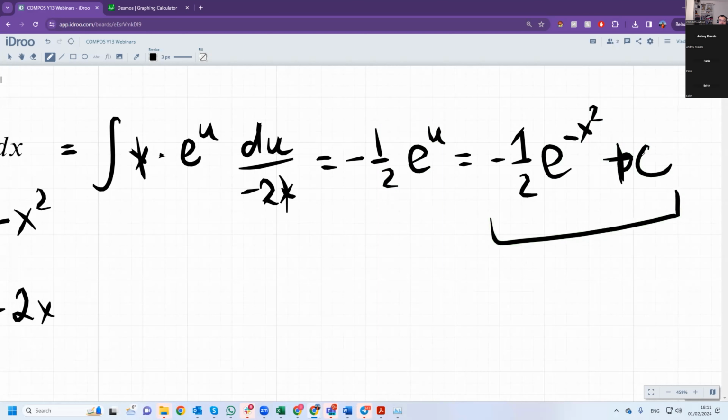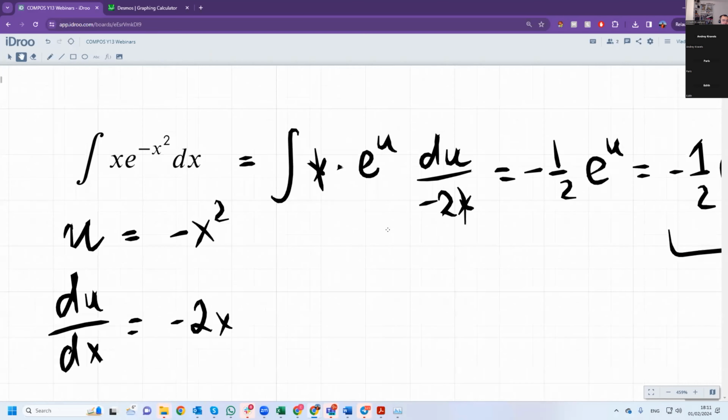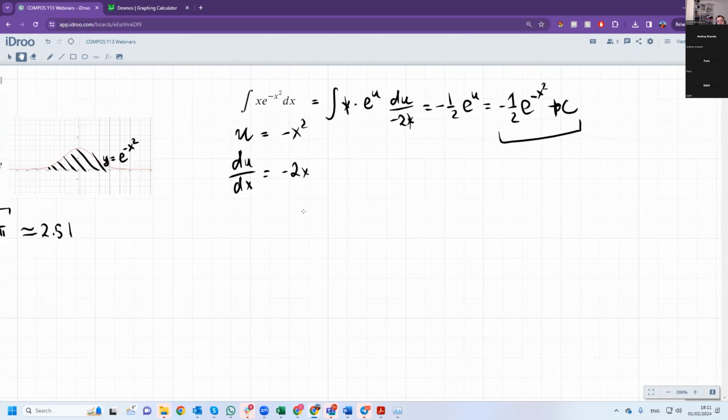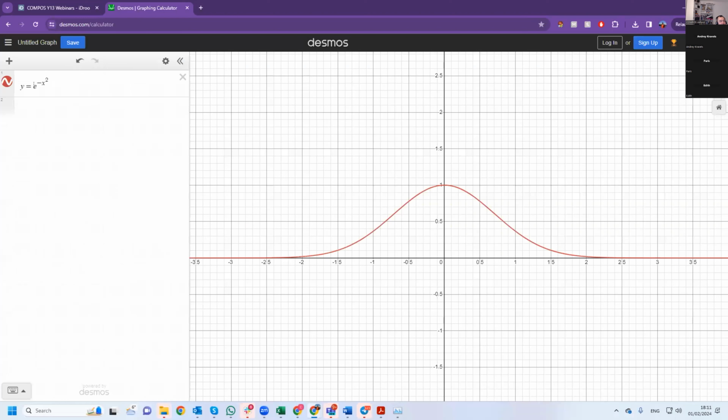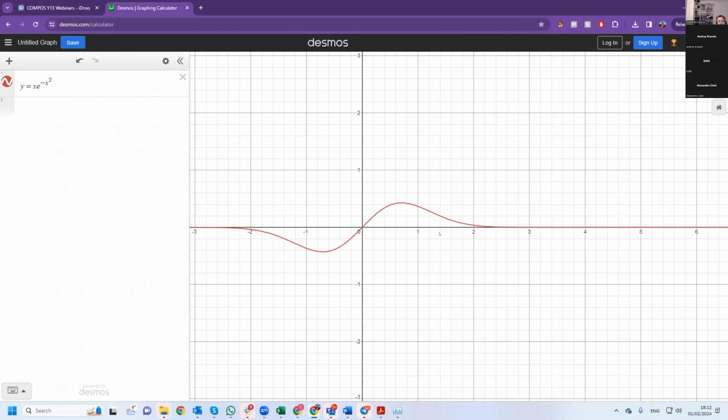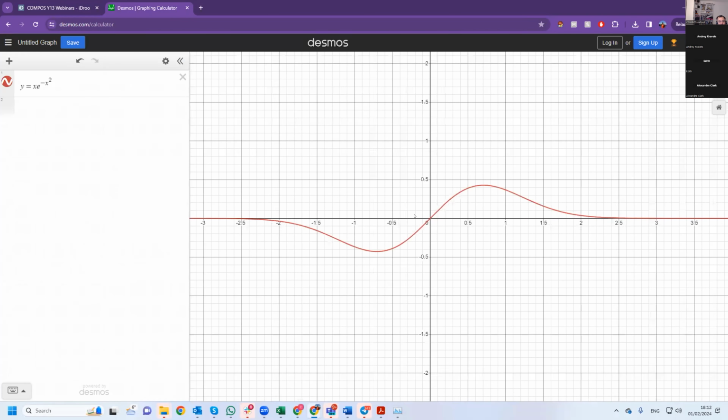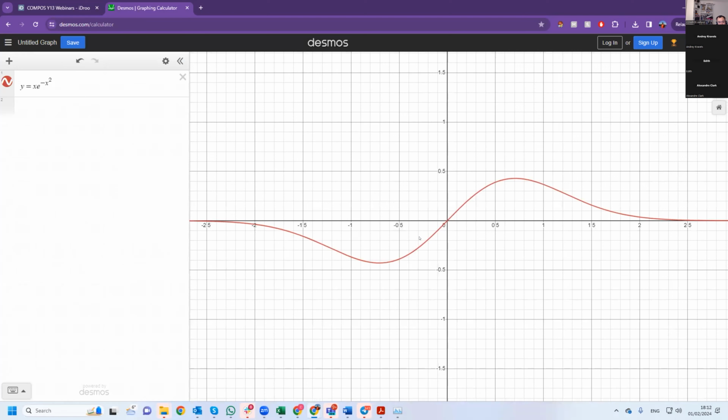So interestingly, this has an indefinite integral. If you draw the graph, what do you see? It's a very similar curve, just looks like this.